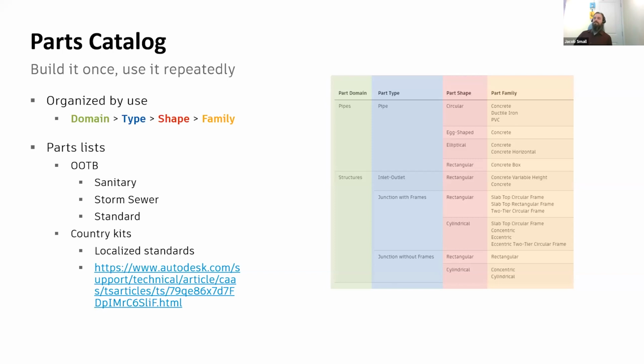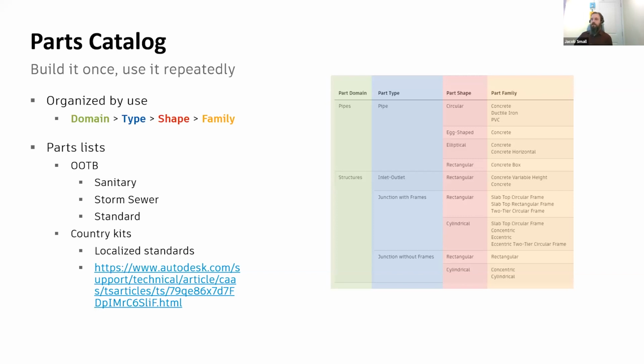But once you've got that set up, you're going to choose your shape, right? Pipes come in multiple different shapes. We've got our circular, egg-shaped, elliptical, rectangular. Structures come in a lot more shapes based on the different type of part that you're working with. And then after we've got our part shape, we're going to talk about our part family. Part families are the specific type of pipe or type of structure that you're going to be working with.